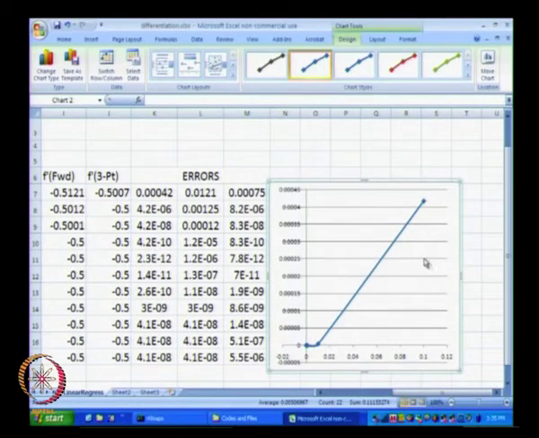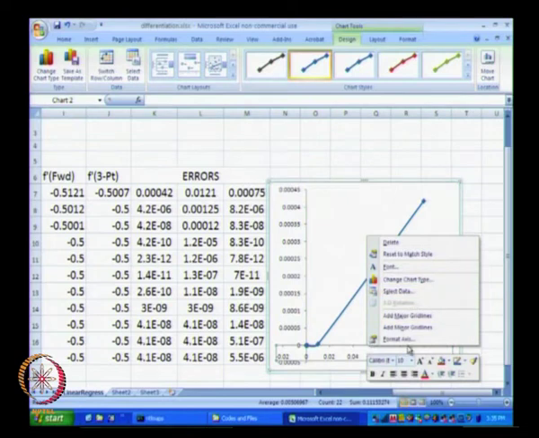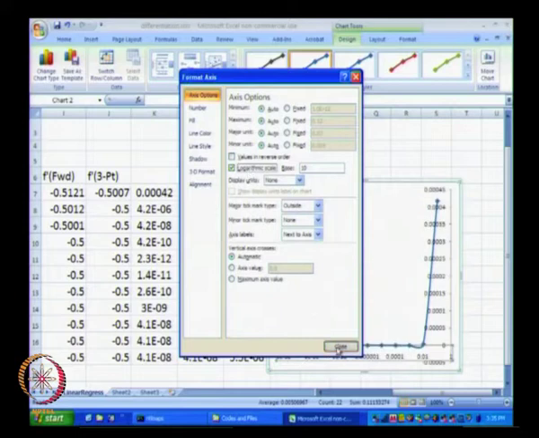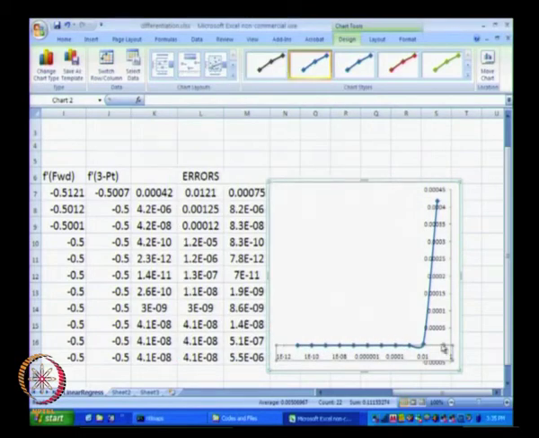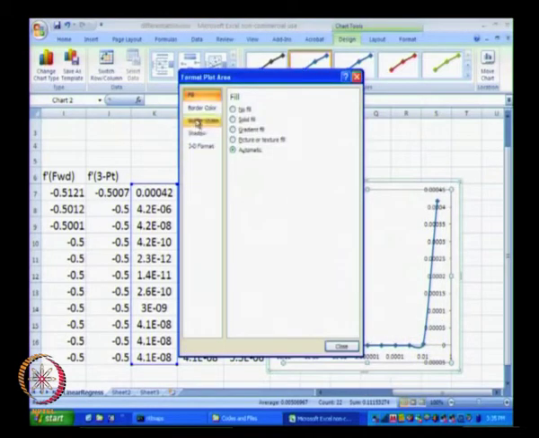I will delete the legend, and what we want to do is plot it on the logarithmic scale, both for the x axis as well as for the y axis.